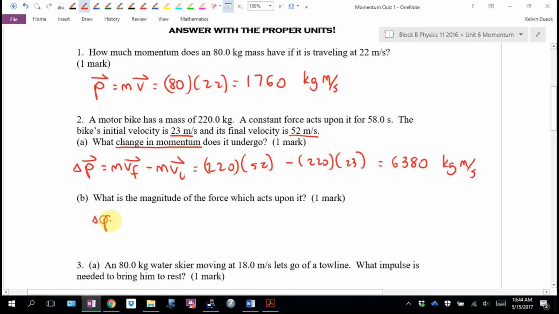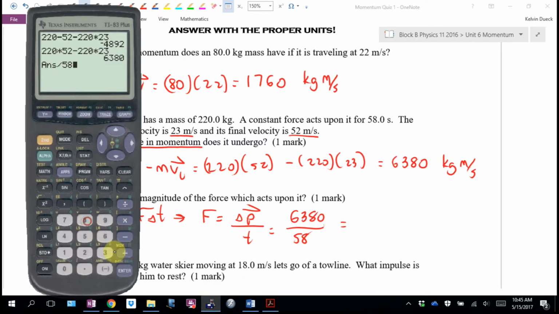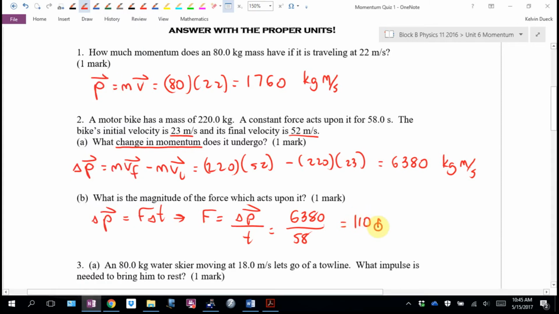I can say impulse equals force times change in time, which means that force equals the impulse divided by the time. Force equals 6,380 divided by 58 seconds. And I get an average force of 110 newtons. 1 mark.